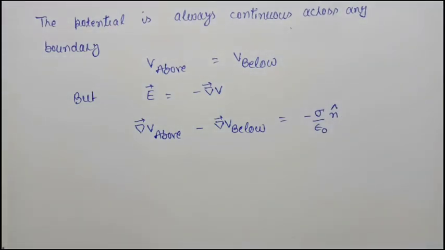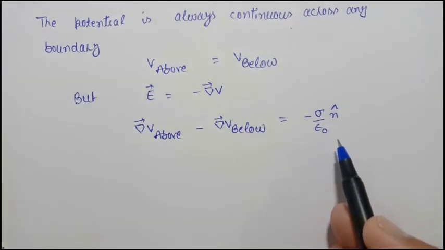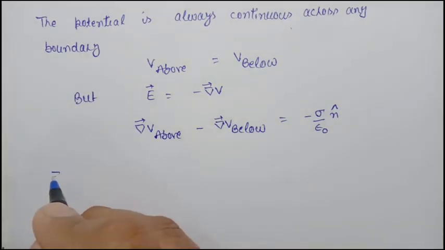So in case of electric field for perpendicular component and parallel component, the discontinuity is equal to sigma over epsilon naught n cap, and in case of del V above minus del V below, this is equal to minus sigma over epsilon naught n cap. So here we have one important point.